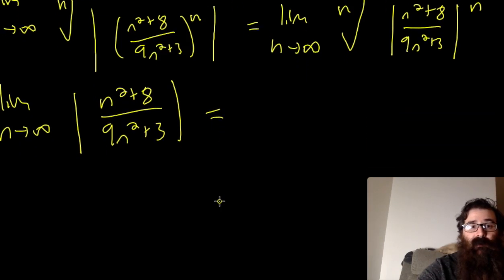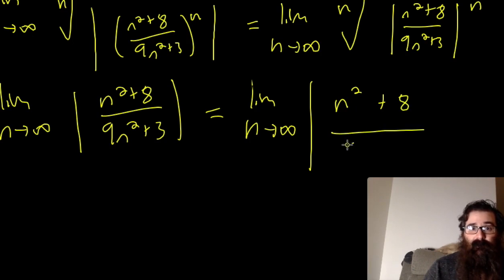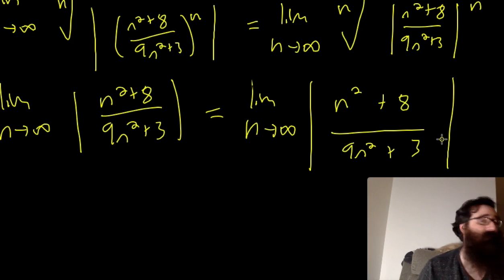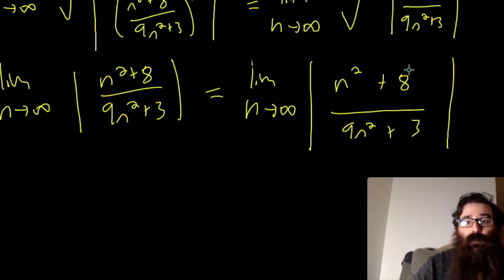And you know what we're going to do here inside that absolute value. We're going to use our favorite algebraic trick for limits, for rational functions like this. Lily's going to help out, of course. We're going to divide everything by n squared.